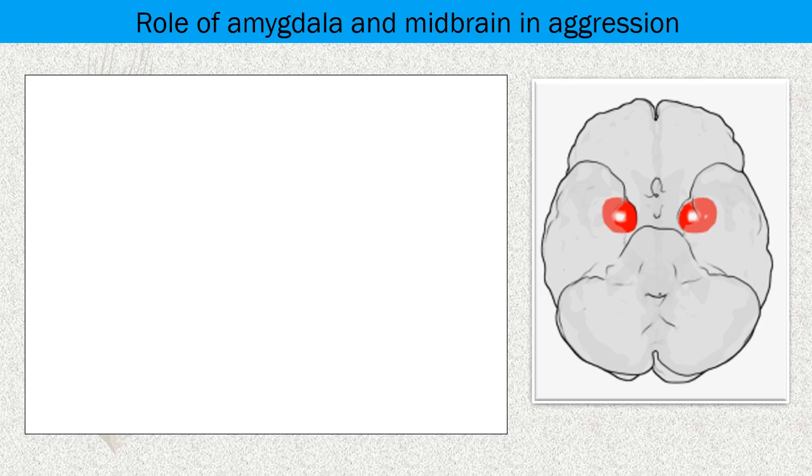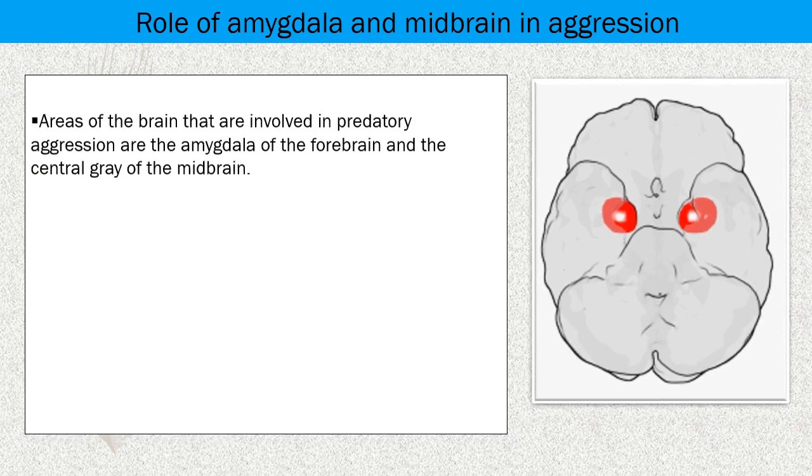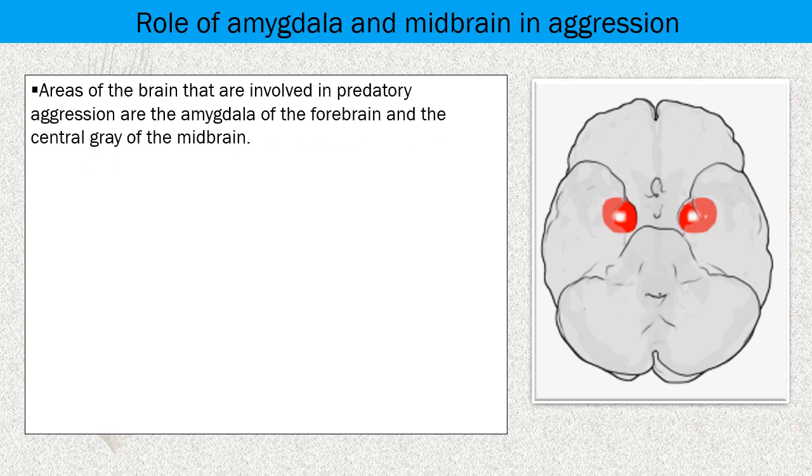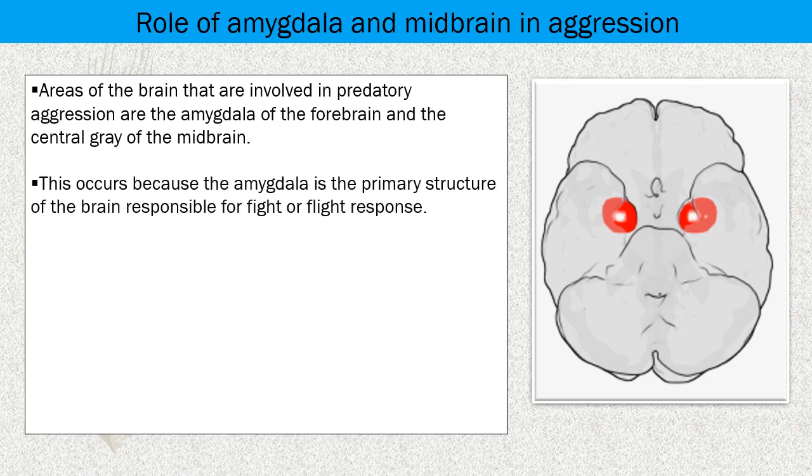The amygdala plays a very important role in aggressive behavior. Areas of the brain that are involved in predatory aggression are the amygdala of the forebrain and the central gray of the midbrain. This occurs because the amygdala is the primary structure of the brain responsible for the fight or flight response.